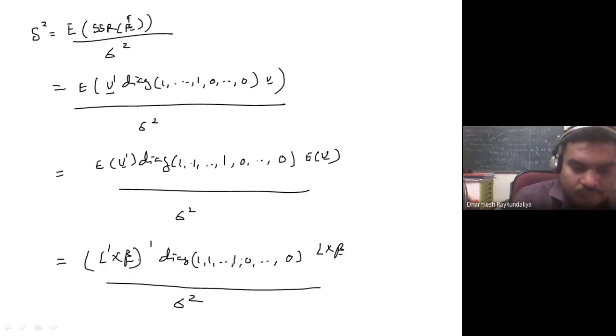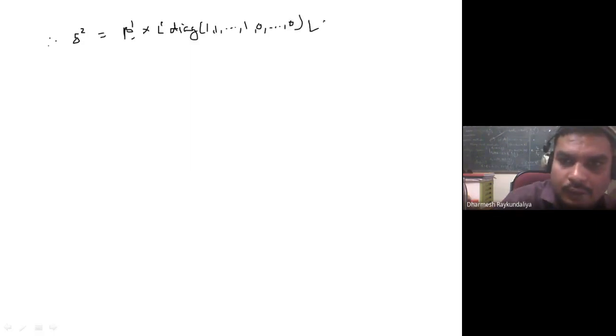If you just leave the transpose, it is beta transpose x transpose L diagonal of, therefore delta square is equal to beta transpose x L dash diagonal of 1 1 1 1 0 0 0, times L x beta.